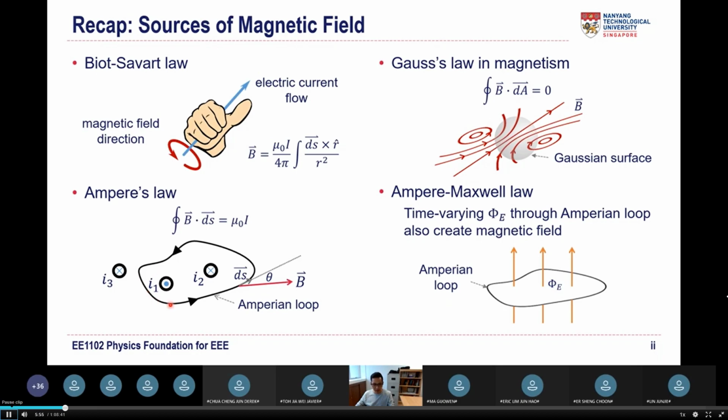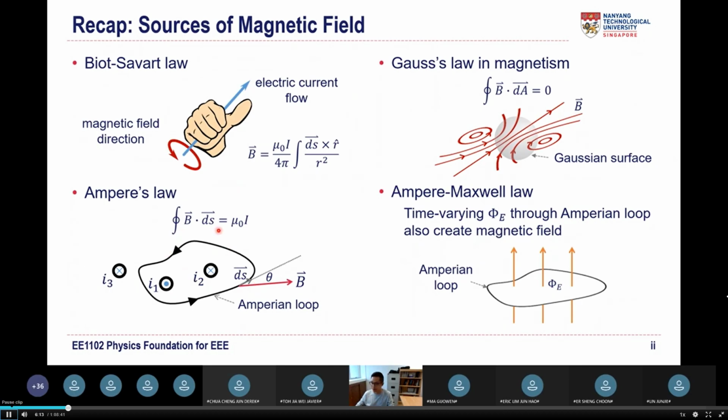When you take the line integral around a closed loop, Ampere's law says that it would be proportional to the total net current that is enclosed within this loop.